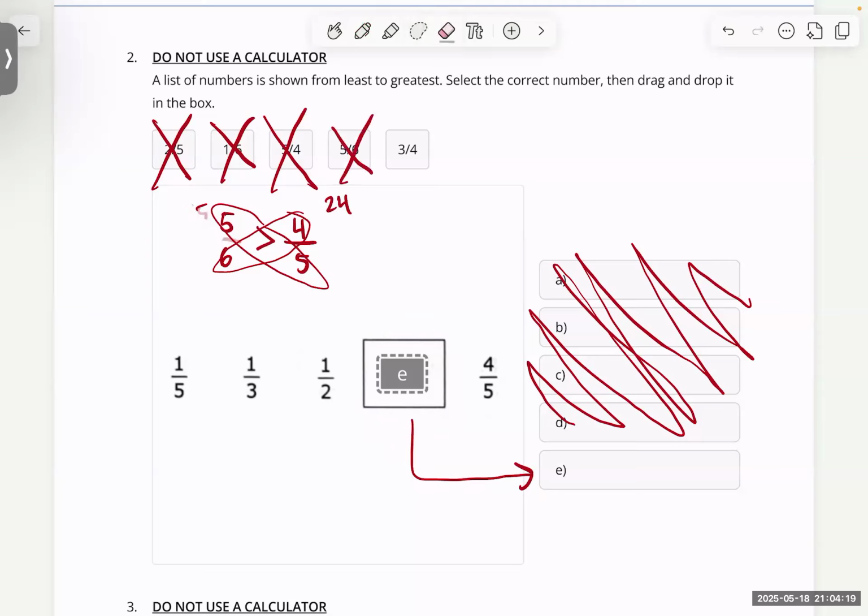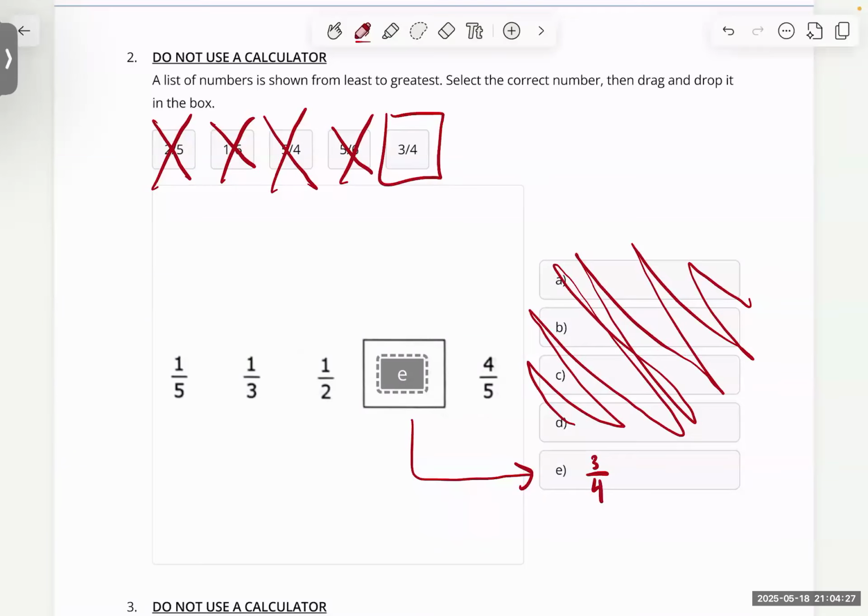So it's not that. So by process of elimination here, 3/4 is our answer because 3/4 is bigger than a half and it is smaller than 4/5. Well, let's just check our work just to make sure we have time. 15, 16. Yeah, 3/4 is smaller.